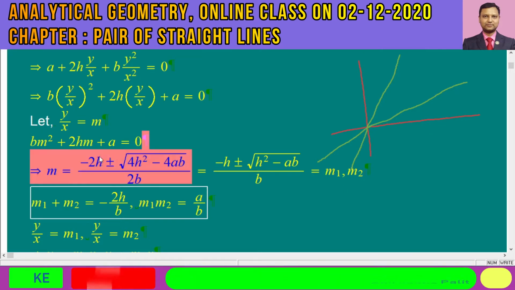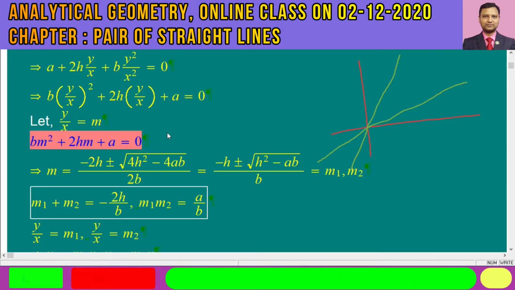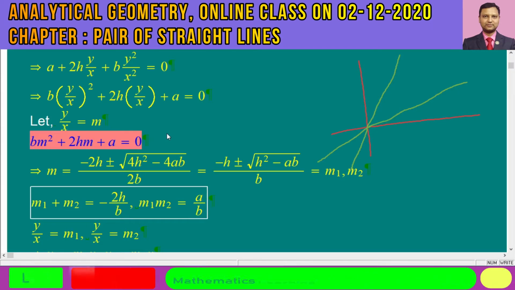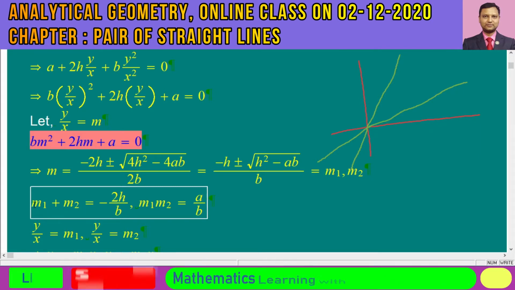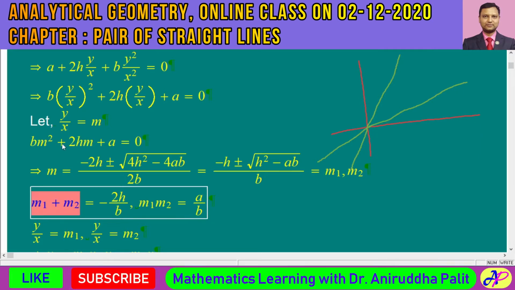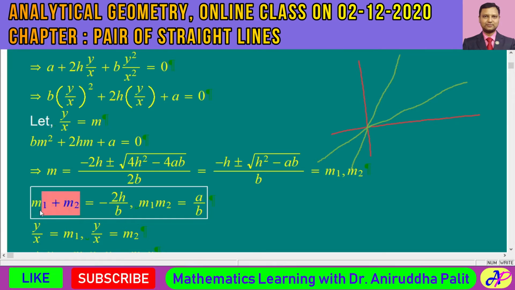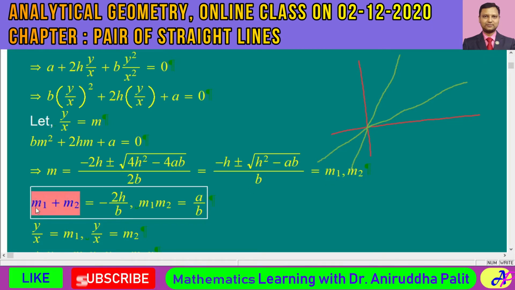You already studied second degree equation in Bangla, যেটাকে বলে দ্বিঘাত সমীকরণ. So you already studied this kind of second degree equation, and there we had a relation between the roots and the coefficients. So from that result we can say that the sum of these two roots, m1 plus m2, is equal to, with a negative sign, coefficient of m divided by coefficient of m square.